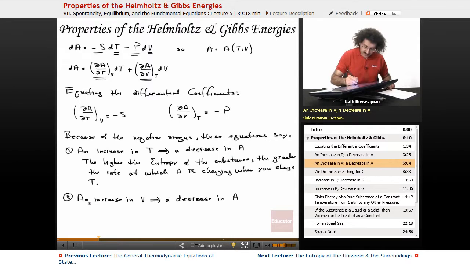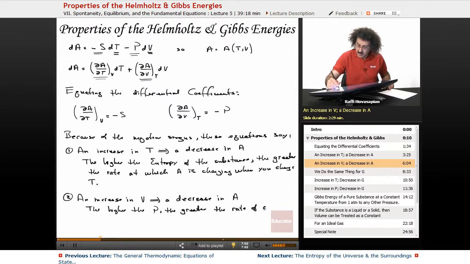What this says is that the higher the pressure at that moment, the higher the P, again, the greater the rate of change, in other words, the greater the rate of decrease.